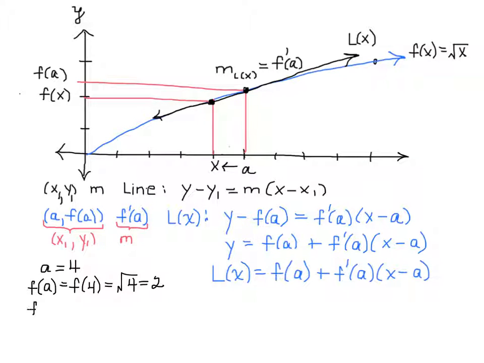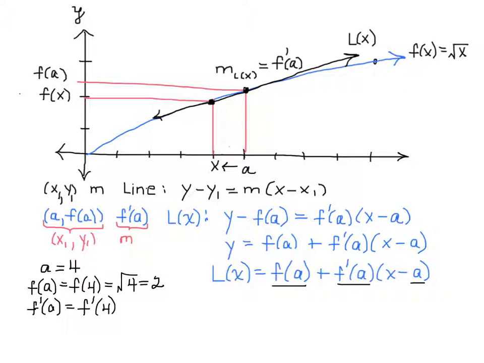We can find f prime of a by finding the derivative of the function f of x. And that means we find f prime of 4. That's pretty straightforward. And that's going to give you the values we need for f of a, f prime of a, and a.